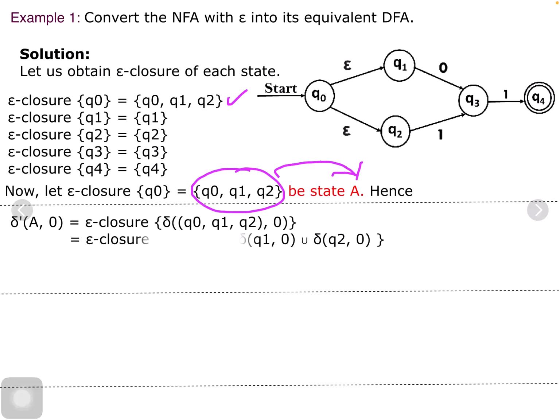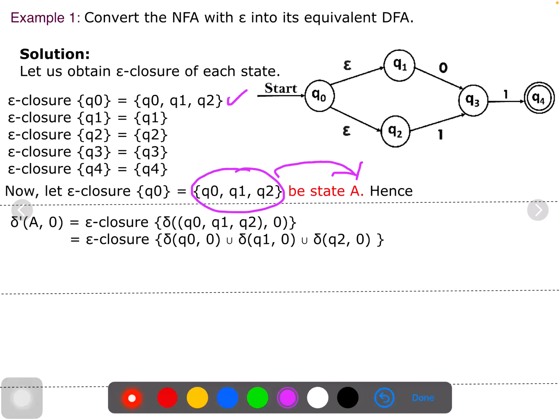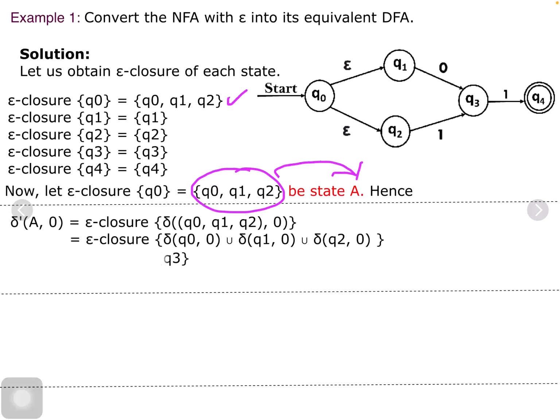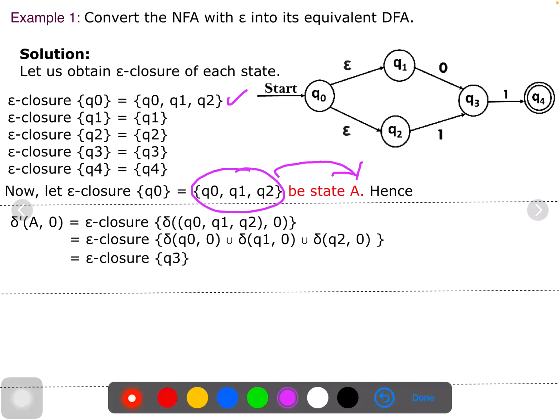You split inside that set of states: delta of Q0 comma 0, union Q1 comma 0, union Q2 comma 0. Q0 on 0 has no transition, phi. Q1 on 0 goes to Q3. Q2 on 0 has none, phi. Finally you get Q3.